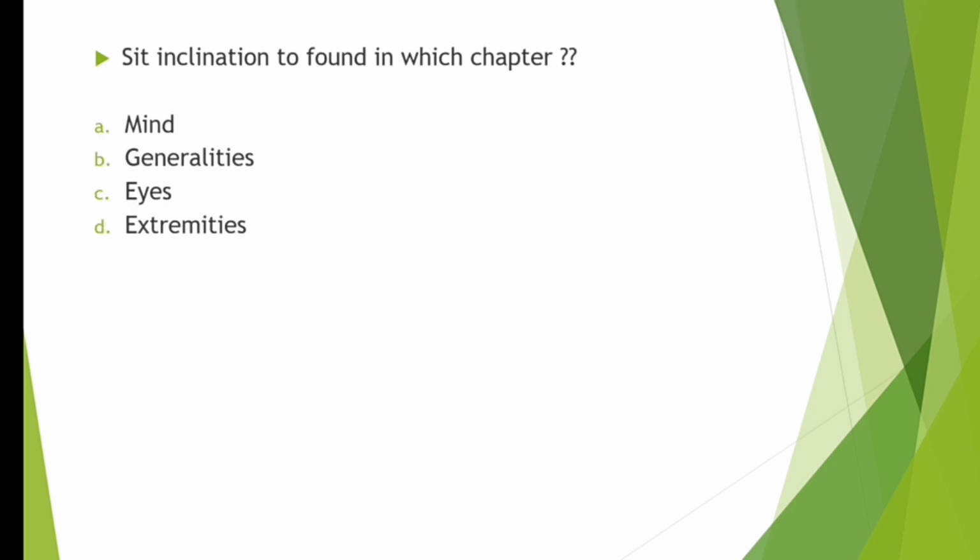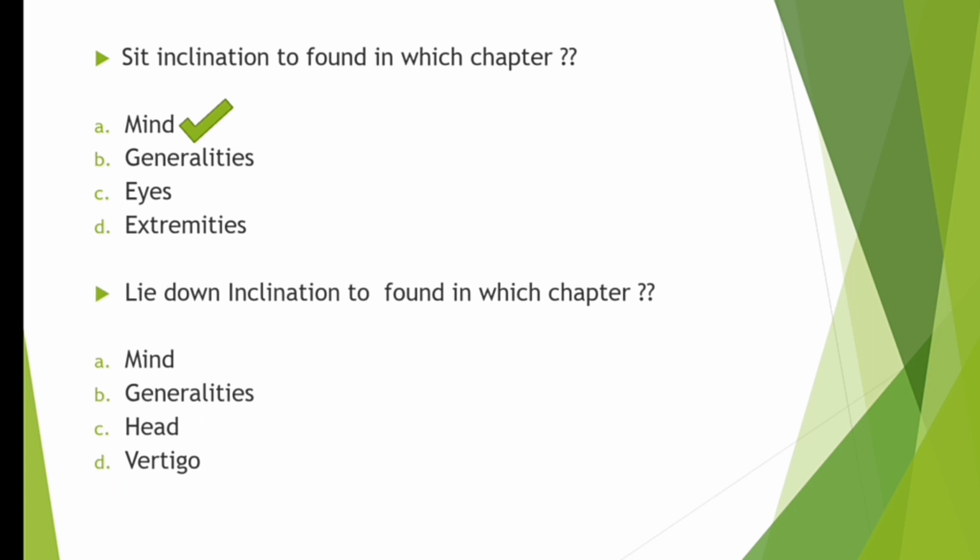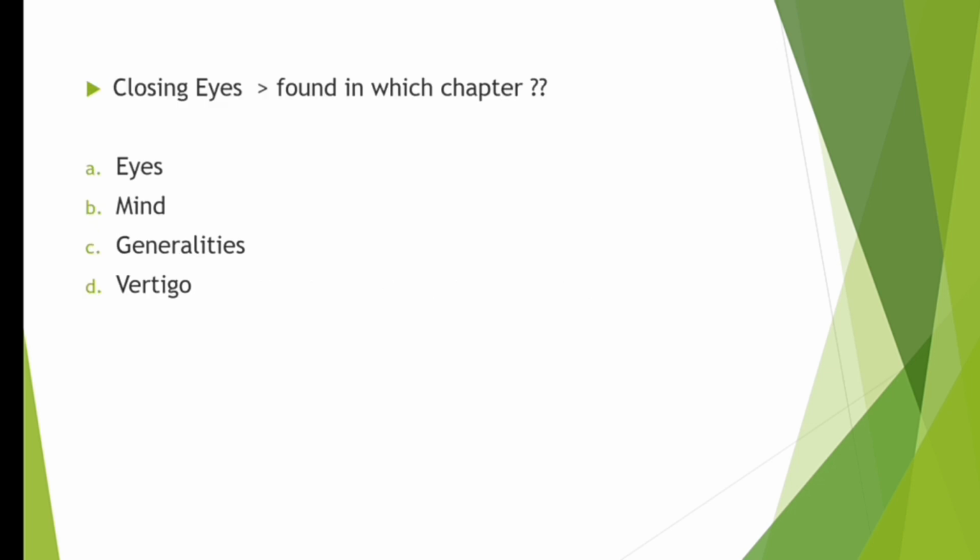Then sit, inclination to, found in which chapter? Present in mind. Similarly, lie down, inclination to, found in which chapter? This is generalities. Sit in the mind chapter, lie down in the generalities chapter.